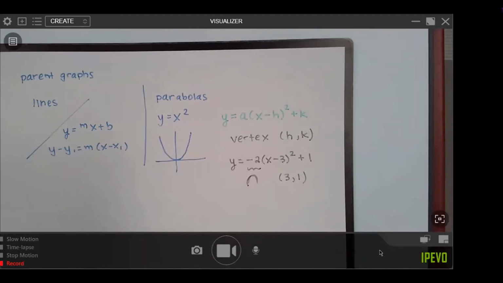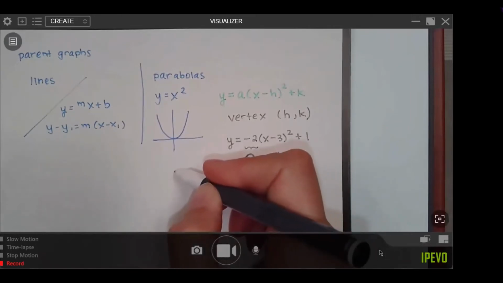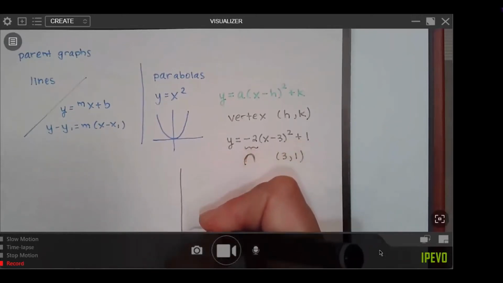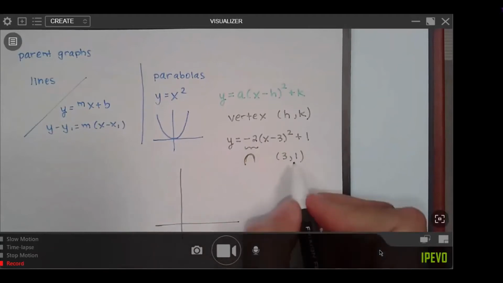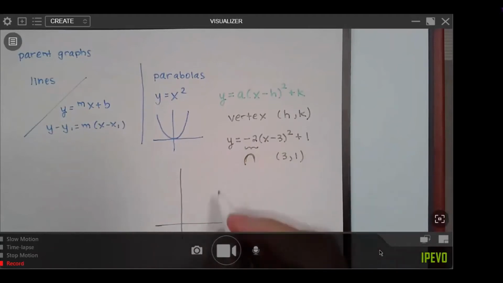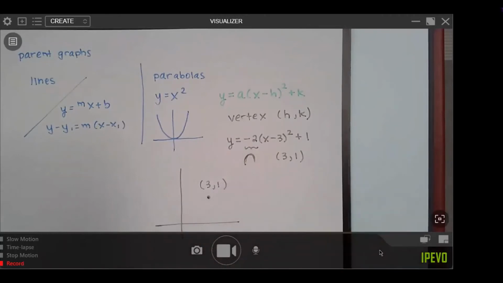In the spirit of less work on the pre-calculus stuff so that we can focus our time on the calculus stuff as we move forward, that means that if I were to sketch a graph of this parabola, really the thing that I want to show here is where the vertex is and the fact that it's concave down.